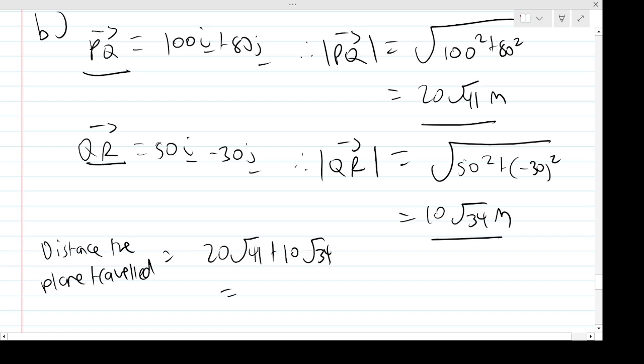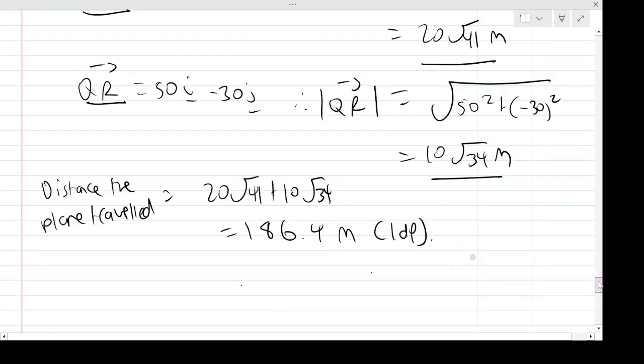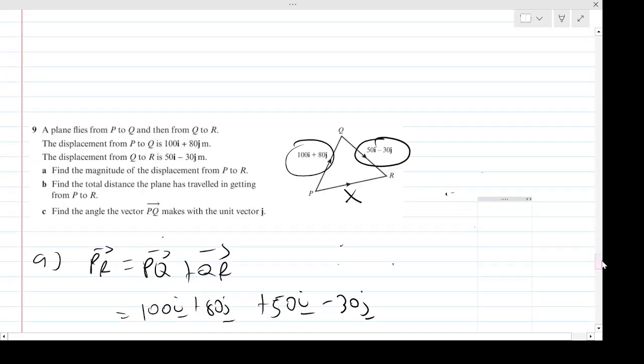So that is 186.4 meters to one decimal place. And there we are. Okay, and then part C says find the angle of the vector PQ.